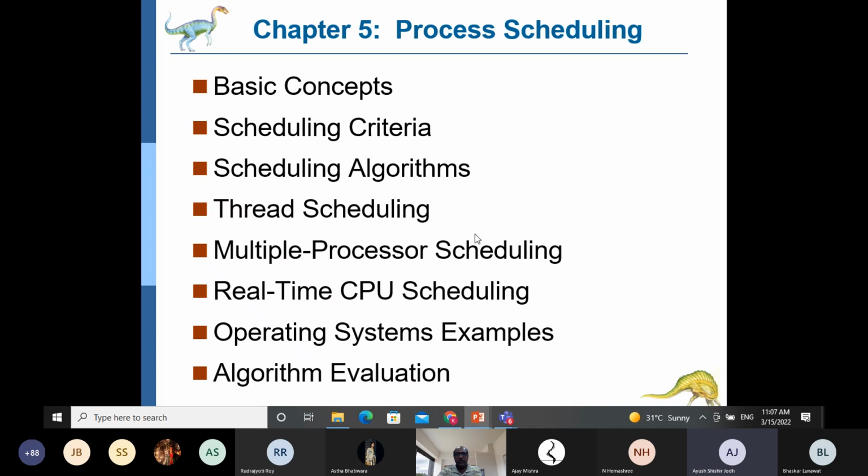And multi-processor scheduling: as we know, most of the systems right now are multi-processor or multi-core systems. So in that case, how are the processors scheduled, right? And then there are other things.